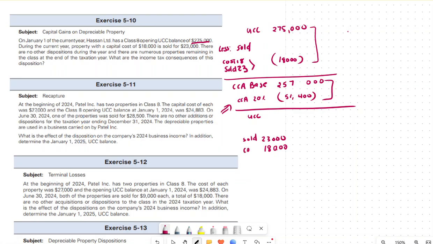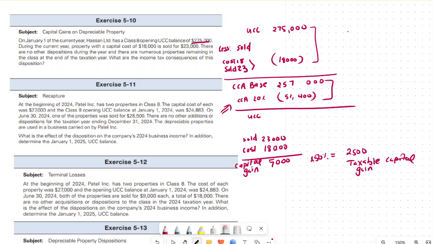The difference between both numbers is 5,000, and this is my capital gain. In income tax, we pay taxes on 50%. So 2,500 becomes my taxable capital gain. The taxable capital gain I need to include in my income, so I pay taxes on that.